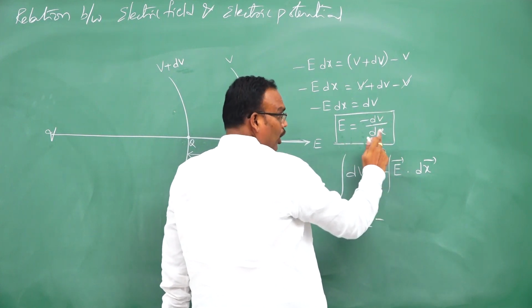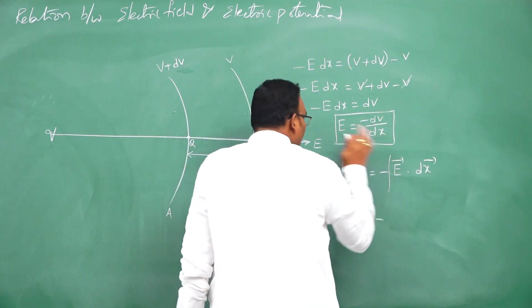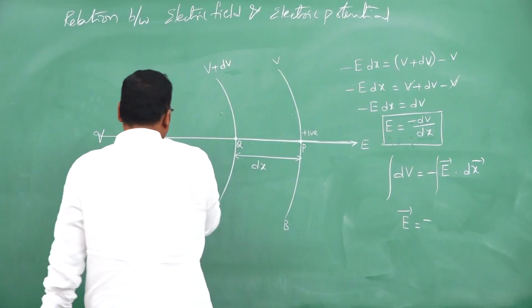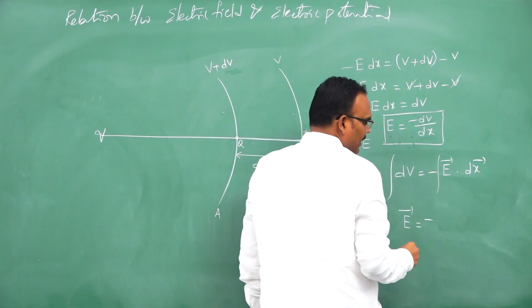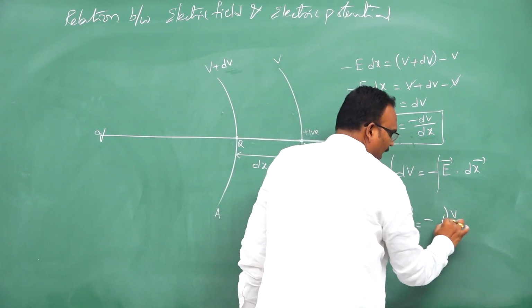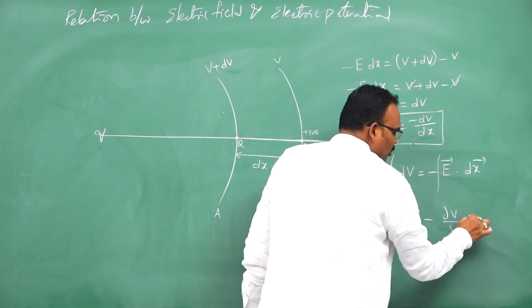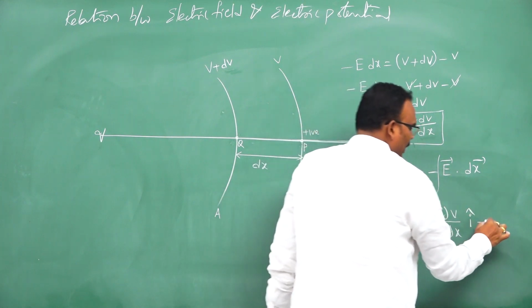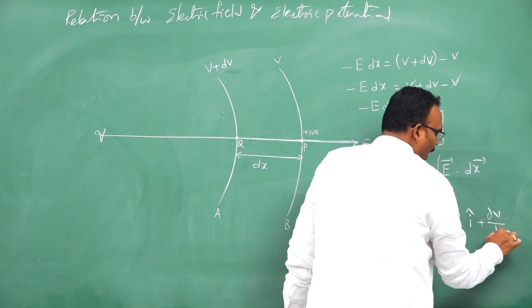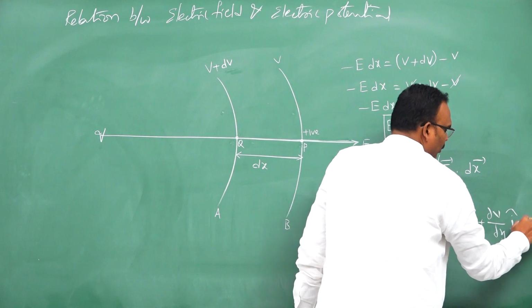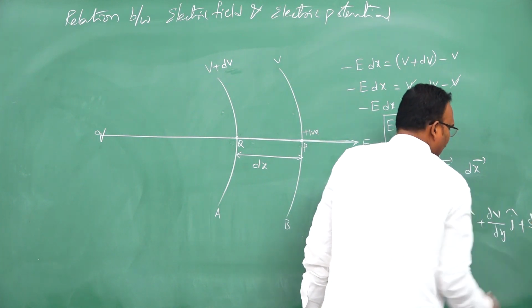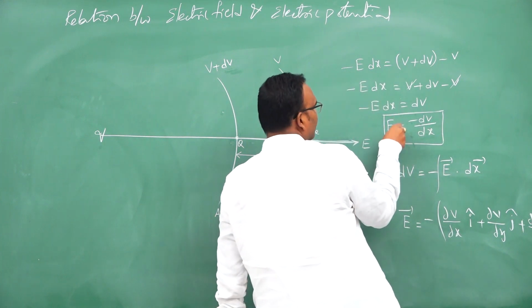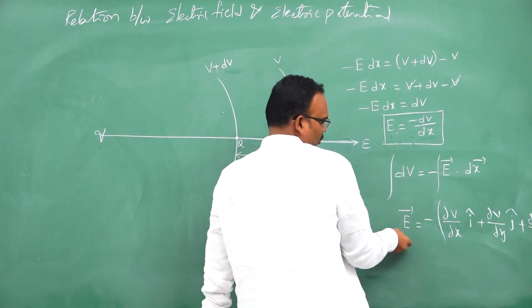This dx is called position vector. Here actually our position vector is along the x-axis. But if it is in space, then I will write dou V by dou x into i cap plus dou V by dou y j cap plus dou V by dou z k cap.